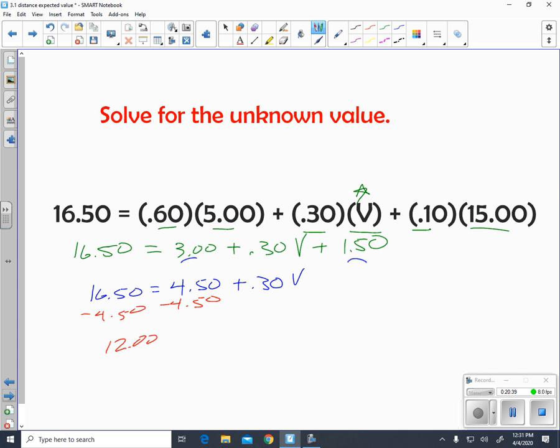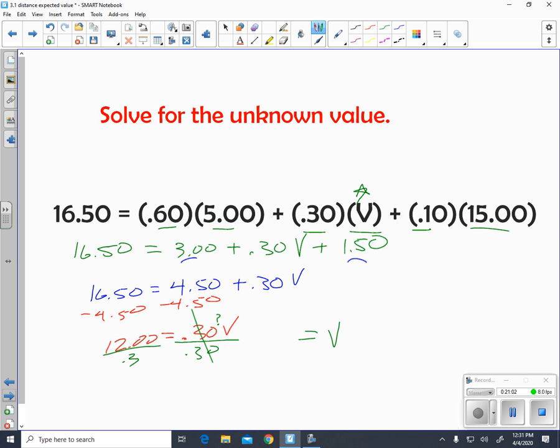And now we get $7.50 equals 0.30V. Now, how do we undo the multiplication there? 0.30 times V. Well, to undo multiplication, you divide, right? So you divide by 0.3, and I get V equals, 0.3 over 0.3 is 1.